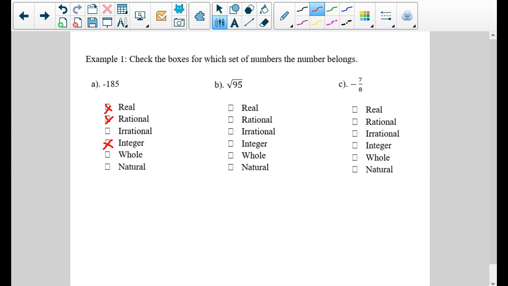It doesn't. 9.746794345. So if it doesn't repeat or doesn't stop, it's what? Irrational and real. -7/8. It's rational, a fraction, and it's real.